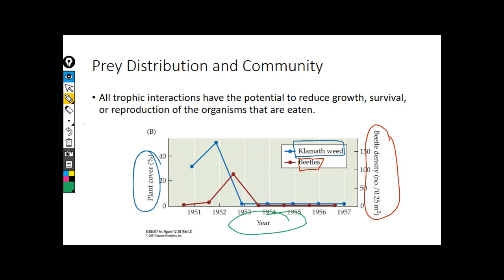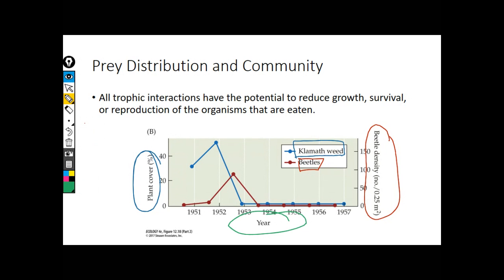Which in this case is just time, or year. So what we're interested in here is looking at the potential relationship between our two population abundances.